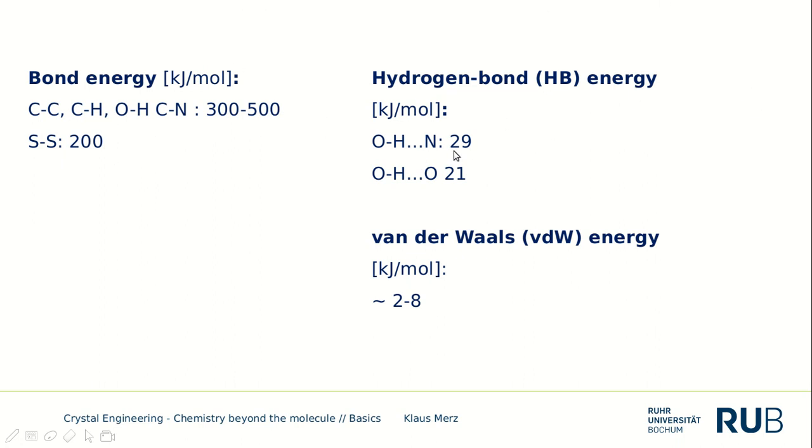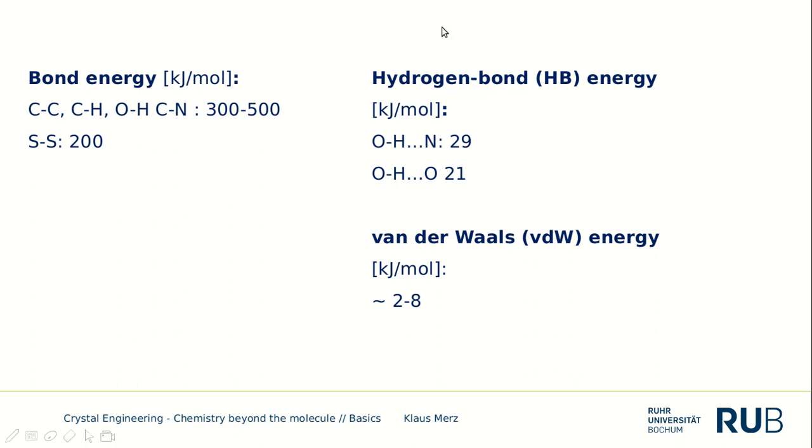Only 30, only 20 kilojoule, a really big difference to the bond energy of a covalent bond. And if you look at very, very weak intermolecular interaction like van der Waals forces, you see an energy only below 10 kilojoule per mole.